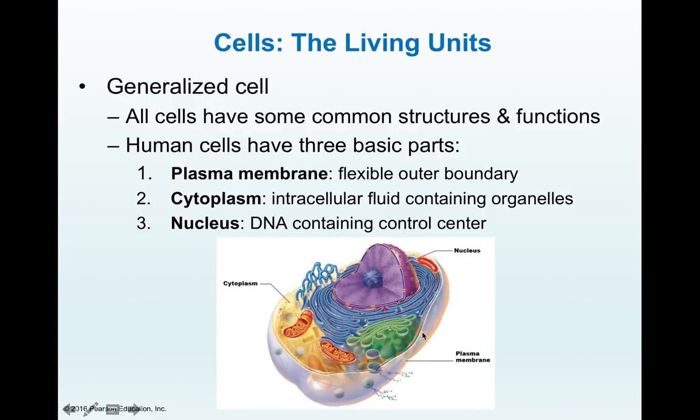Cytoplasm, which is the space within the cell that contains its organelles. So basically all of these structures you see are located within the cytoplasm. And the purple structure you see in the drawing is referred to as the nucleus, which contains the genetic information in the form of DNA, and is also referred to as the control center for the cell.